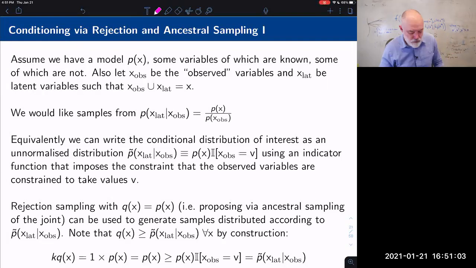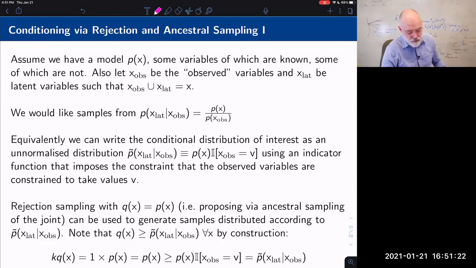So if you do rejection sampling with Q equal to the joint, where you propose from the joint, in a graphical model you just ancestrally sample from the joint, then that can be used to generate samples according to the posterior distribution.